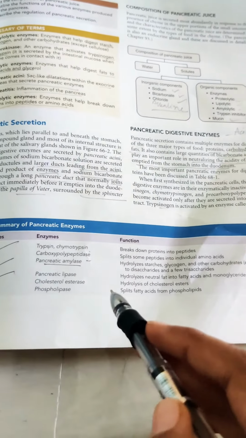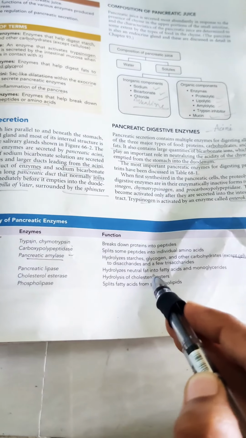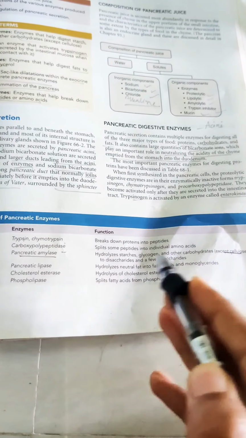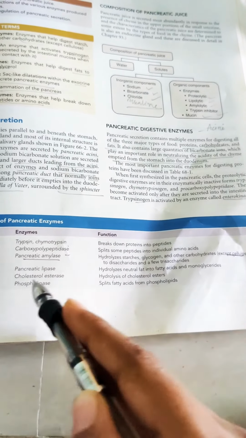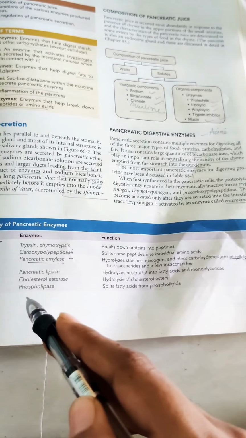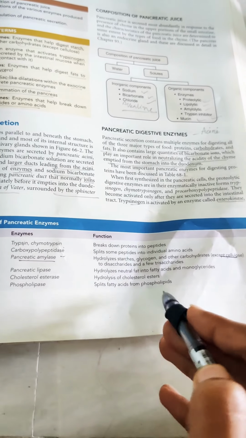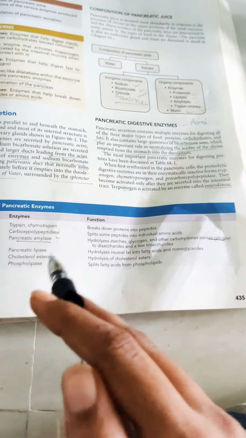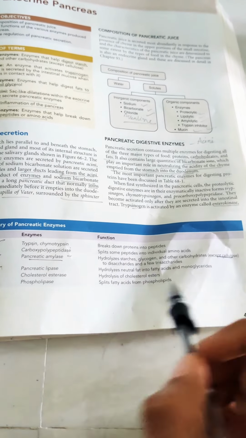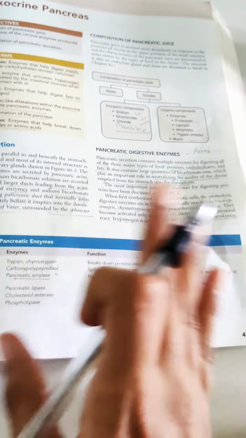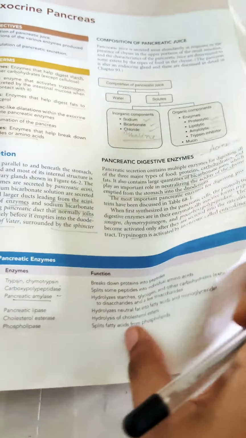The lipolytic enzymes hydrolyze neutral fat into fatty acids and monoglycerides, or hydrolyze cholesterol esters in the case of cholesterol esterase, and phospholipase splits the fatty acids from phospholipids. So it is converting the phospholipids into fatty acids. These are the important functions of the different kinds of enzymes.